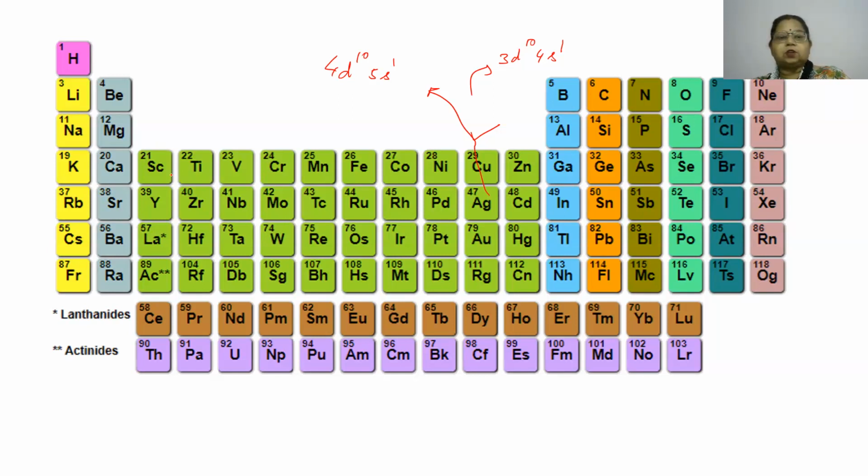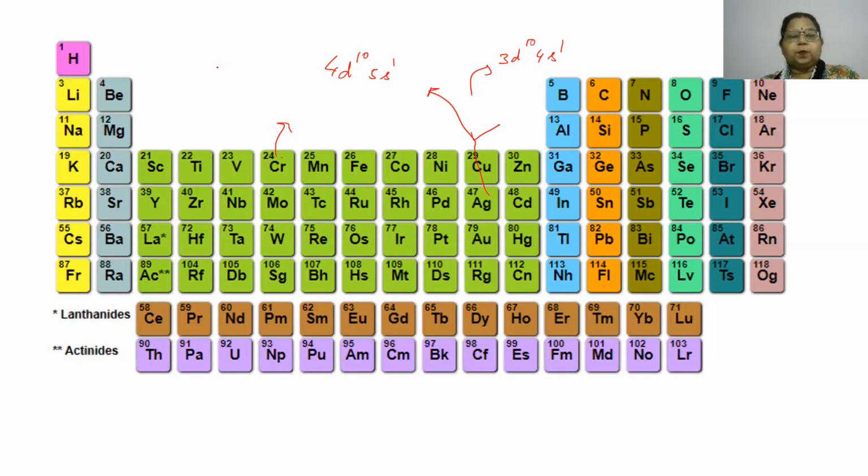Similarly, talking about chromium, as you can see, what are the elements after chromium? Chromium is followed by molybdenum, which is followed by tungsten, and then Sg is seaborgium, right? So we must be ready with the configuration for 24 and 42 at least.